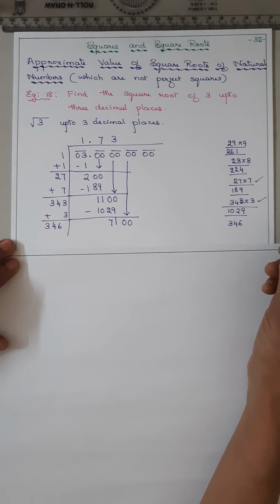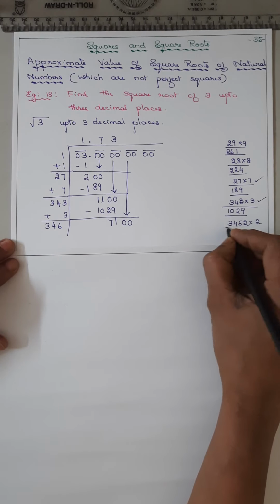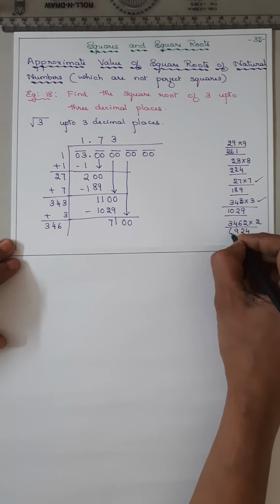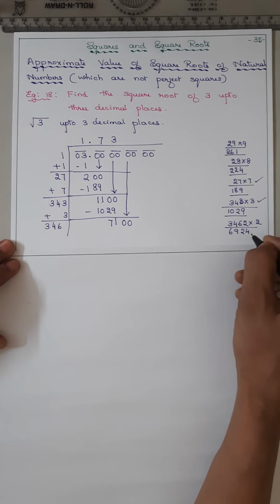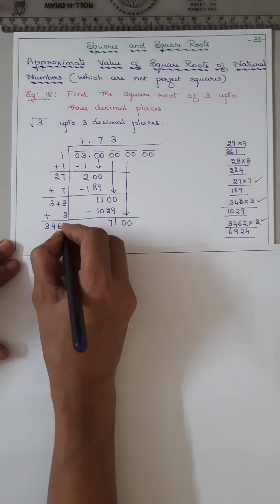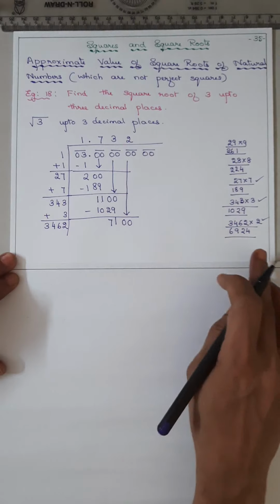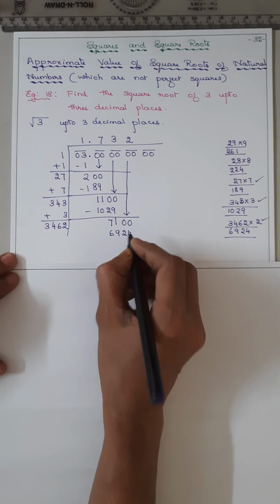So 3 4 6 as it is and put 2. 2 2s are 4. 2 6s are 12. 2 4s are 8, 9. 2 3s are 6. So you got 6 9 2 4. Can you put? Yes. So put here 2.